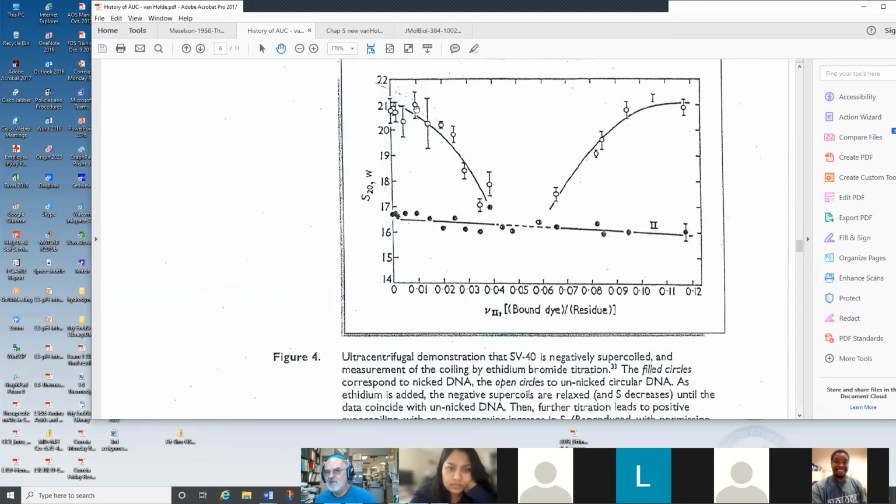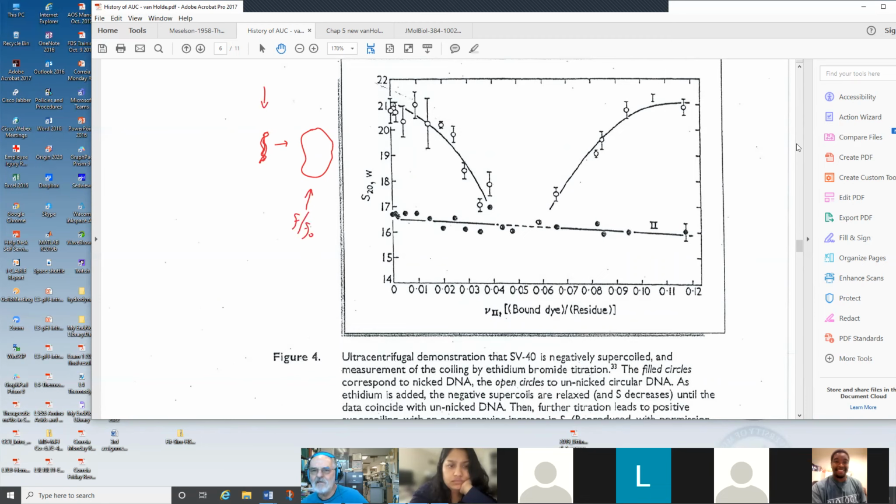And as the DNA unwinds, it goes from something that's really tightly wrapped to something that's more extended. And so its sedimentation coefficient is fast because this is compact. It then slows down because this has a bigger frictional coefficient.